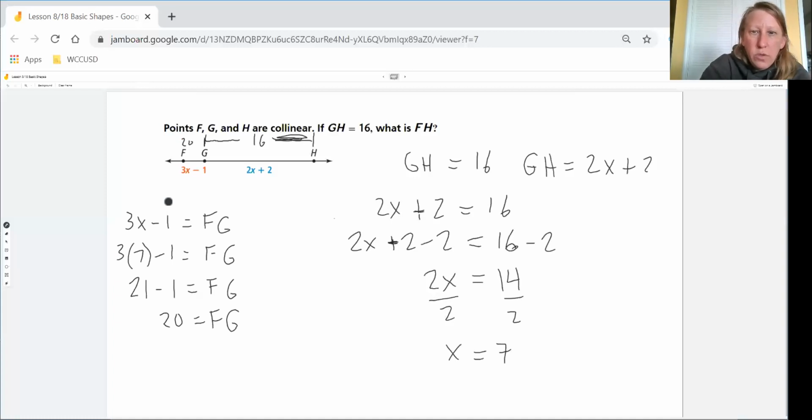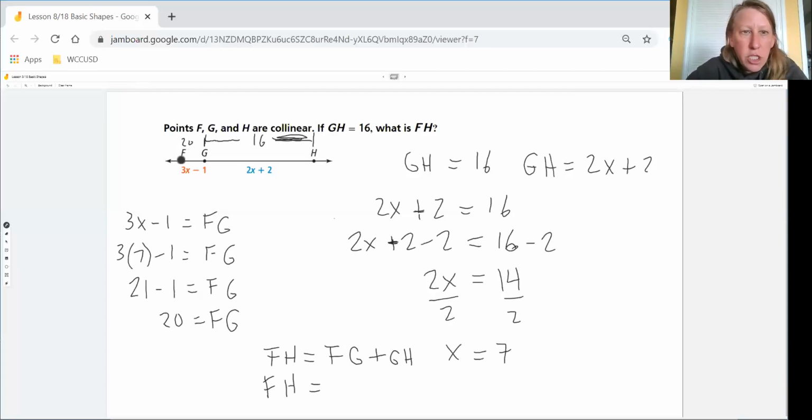So we could do the segment addition postulate, where we say that FH is the same as FG plus GH. So FH, the total, is the same as from F to G, which is 3 times 7 minus 1, plus 16, which is 2 times 7 plus 2.